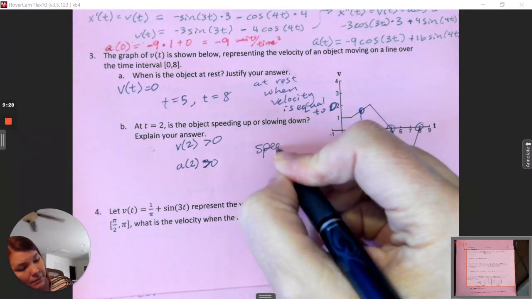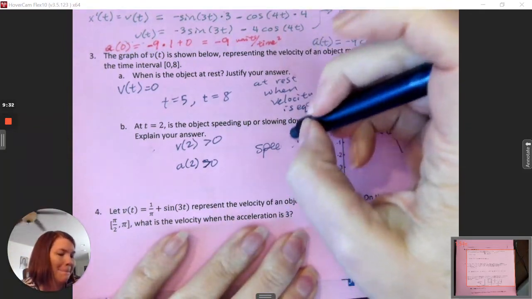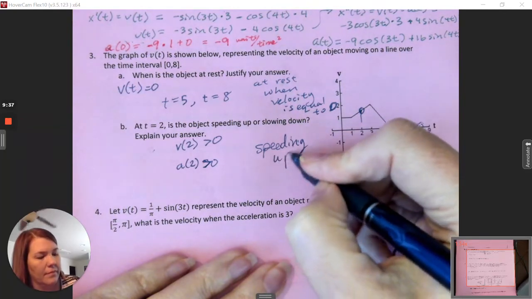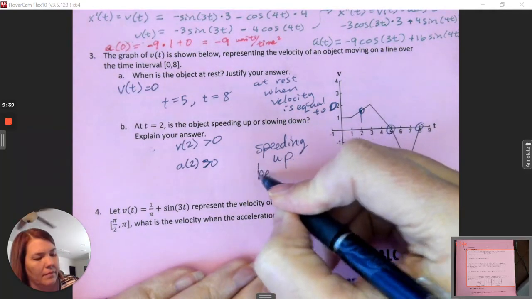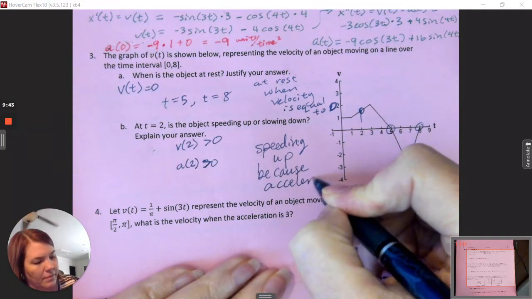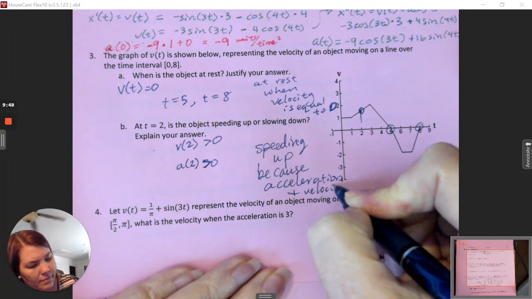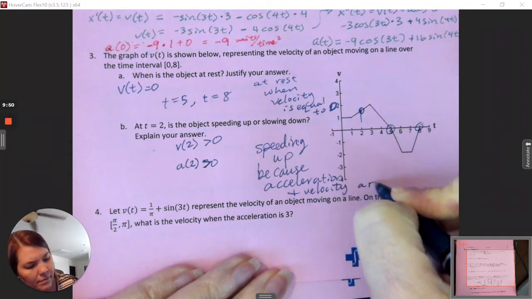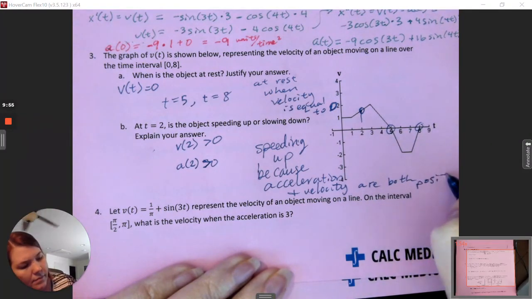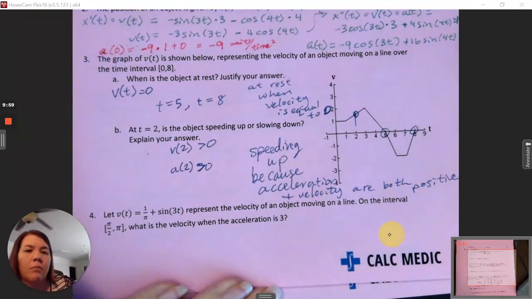So speeding up, that was a lot of ease. So it's speeding up because acceleration and velocity are both positive.